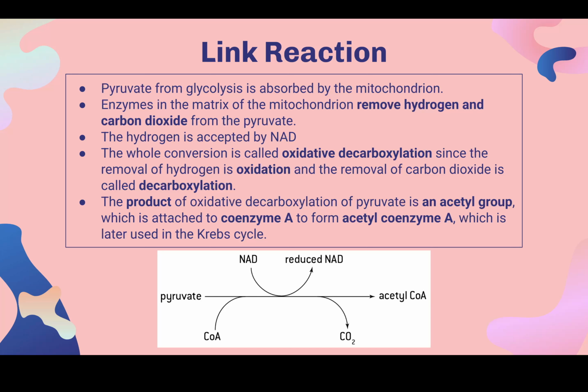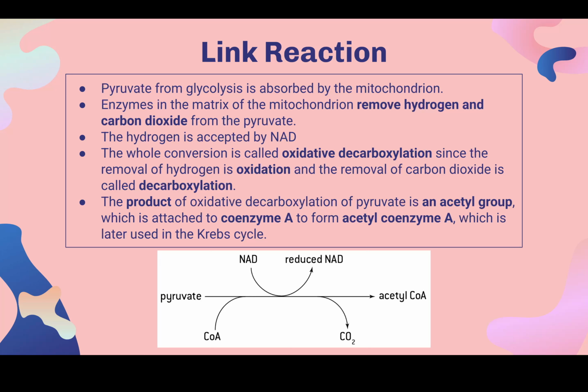So just to quickly run through it again, pyruvate and coenzyme A. The point of coenzyme A is that it's always taken to the end. So the actual breakdown happens of the pyruvate. The pyruvate breaks down to the point where it loses carbon dioxide, which means 1 carbon and 2 oxygen molecules, and then also loses one hydrogen, where the hydrogen then gets accepted by NAD, which forms reduced NAD, and the carbon dioxide is just released.